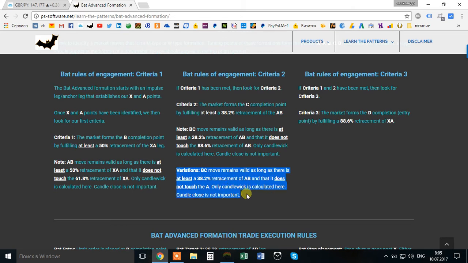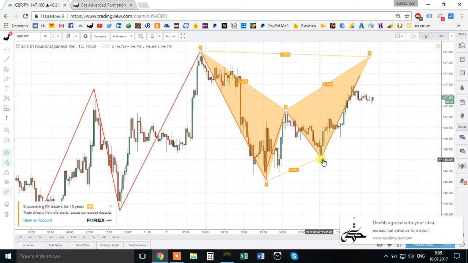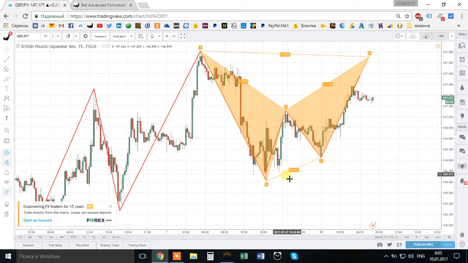This is my favorite variation. So it should stay somewhere between the 382 and A. Obviously, we do not touch A, and obviously 0.66 is more than 0.382. So you see how easily they are calculated with that XABCD drawing tool.